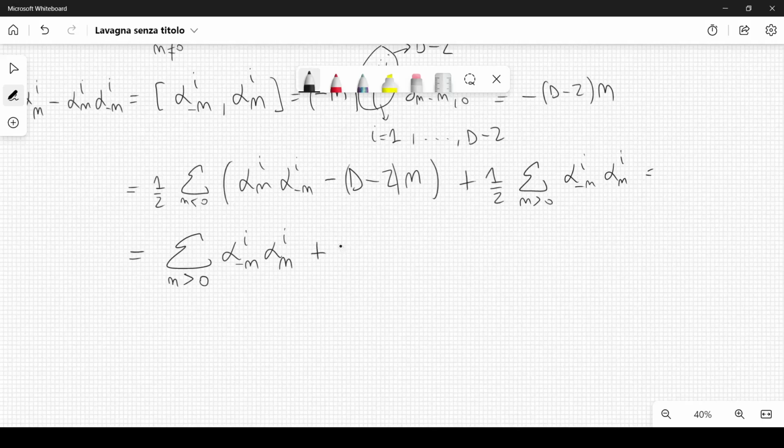Then we have plus d minus 2 over 2 summation over n greater than 0. So in this case, I am losing this minus sign because I'm changing minus n to n, and therefore the summation will be performed over n greater than 0, not n less than 0. So I have just simply changed the variable of summation, the index over which we are summing. I'm calling it minus n instead of n.